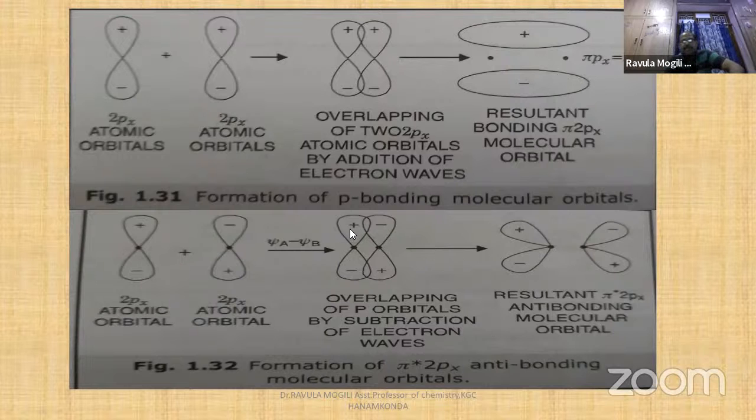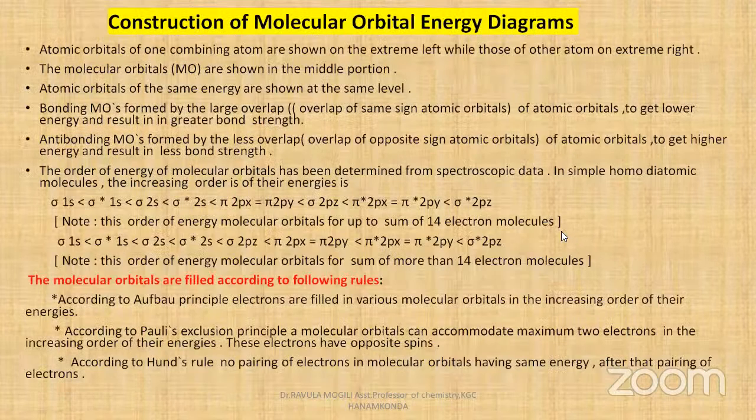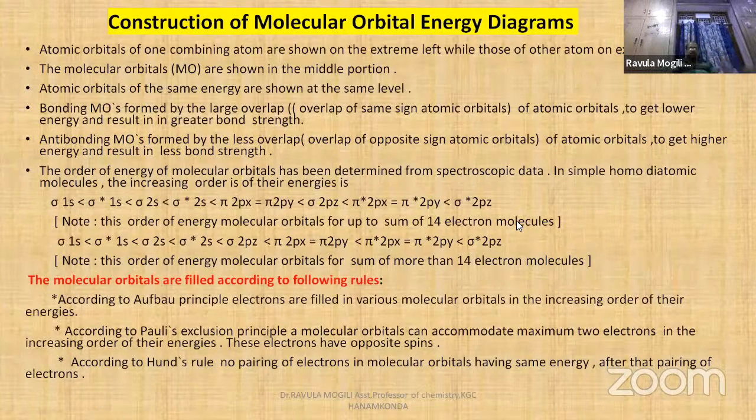This is the plus sign and the minus sign; they overlap to form a pi bond. This is called the anti-bonding orbital, pi star 2px. If there is one plane, this plane is called a nodal plane. For an anti-bonding molecular orbital, we observe a nodal plane.